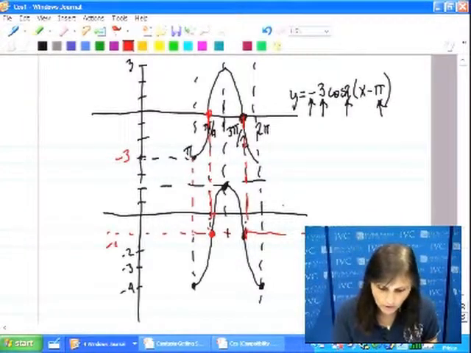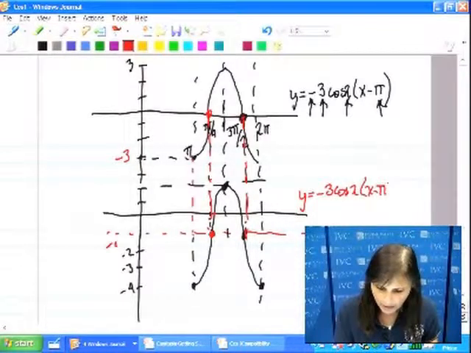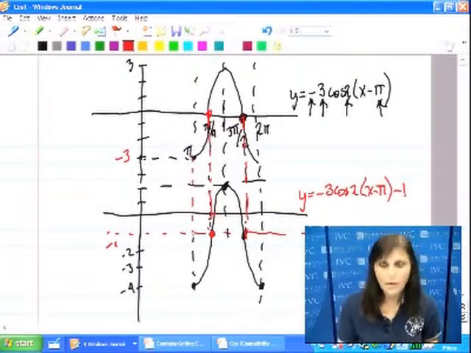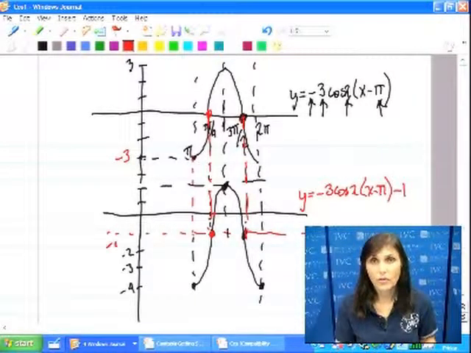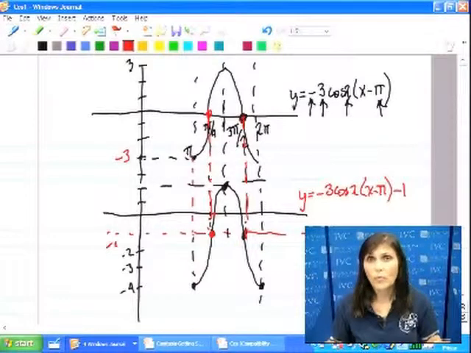So this is the picture of y equals negative 3 cosine 2(x minus pi) minus 1. And that concludes how to draw the cosine function when you move it right, left, up, and down, and squish it, and reverse it, and reflect it.